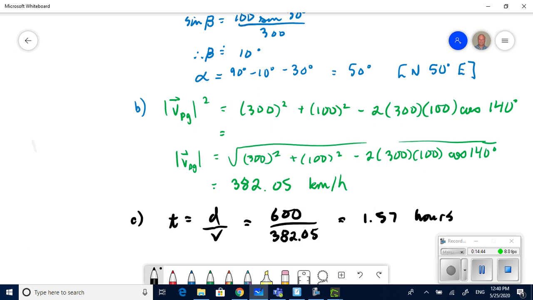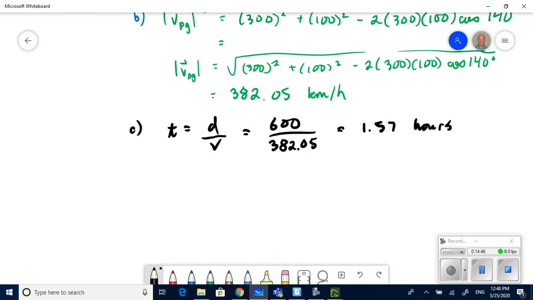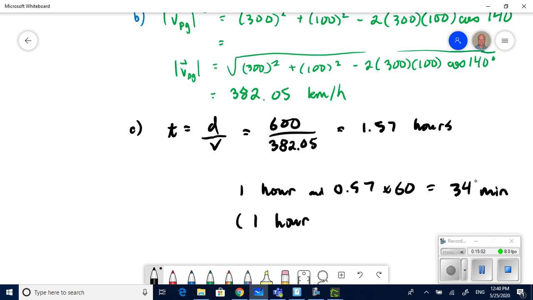That's about 1 hour, and then I take the decimal and multiply by 60. I get about 34 minutes approximately. So in practical terms, it's a 1 hour and 34-minute trip. So I should sort of talk about that and write that.